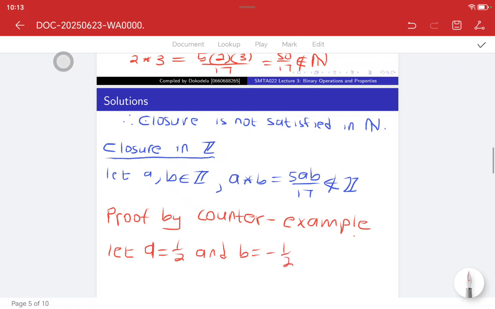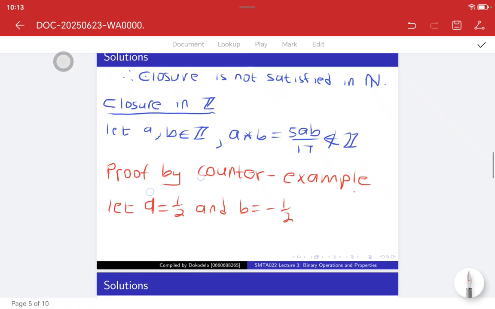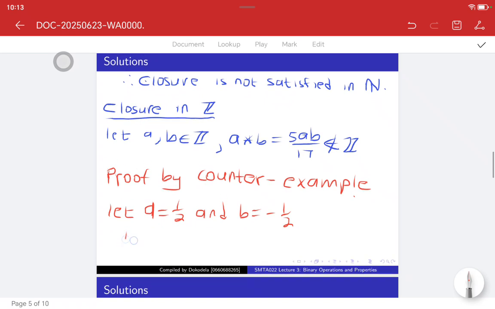So now, since we have 1 over 2 and minus 1 over 2, we can say 1 over 2 star minus 1 over 2 is equal to 5 times 1 over 2 times minus 1 over 2, all over 17.